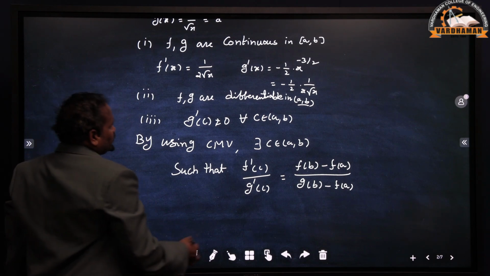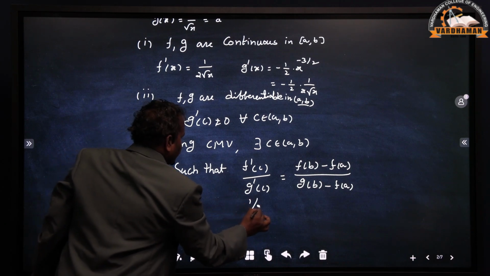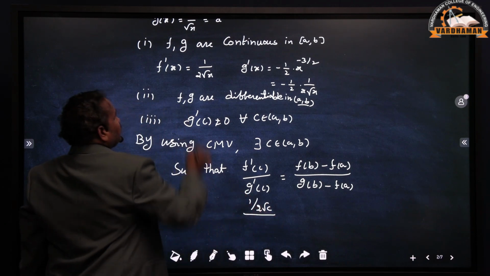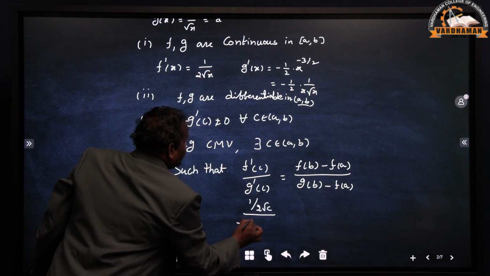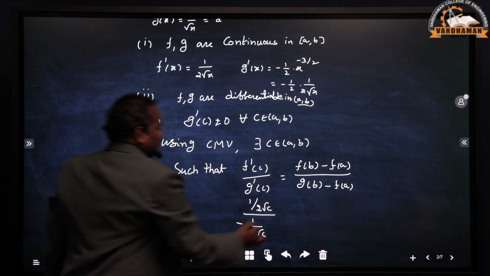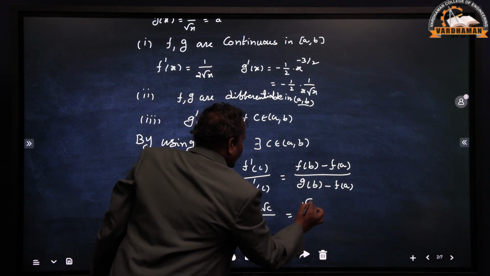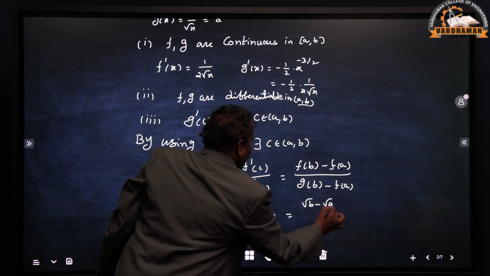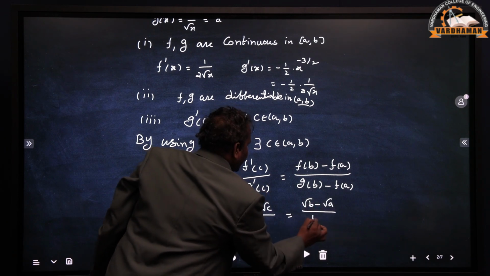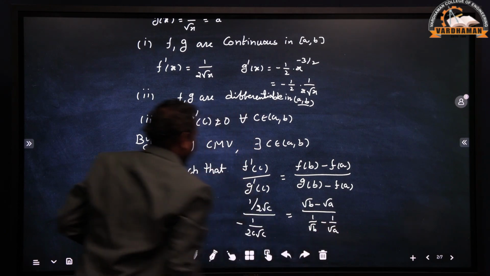So here f'(c) is 1 by 2 root c, by g'(c) is minus 1 by 2 into c root c, is equal to f(b). f(x) is root x, so f(b) is root b minus root a, by g(b) 1 by root b minus 1 by root a.